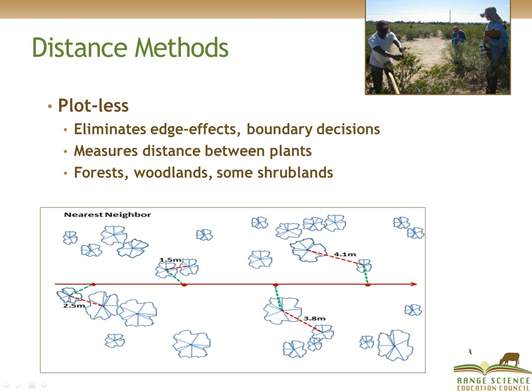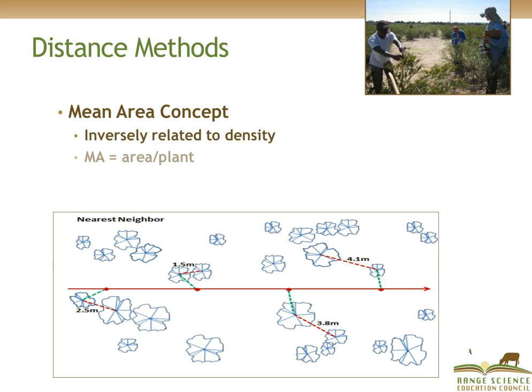And this is most often applied in forested or woodland situations or in some shrublands, usually when the focus is on only one or two species, and they can be spaced either closely or spaced at distance. The unifying concept of distance methods is the mean area concept.